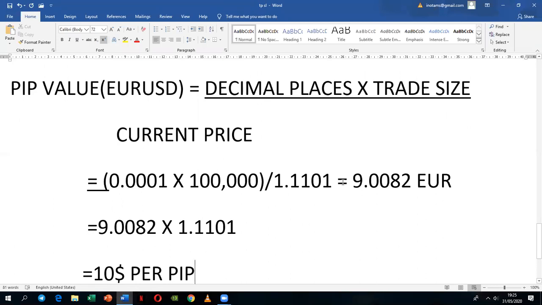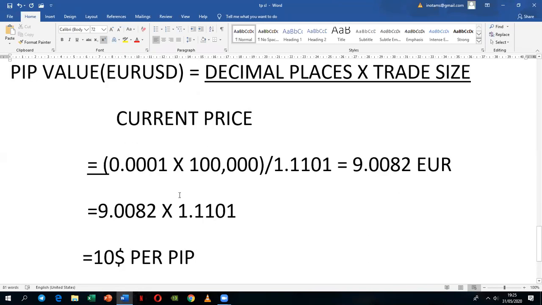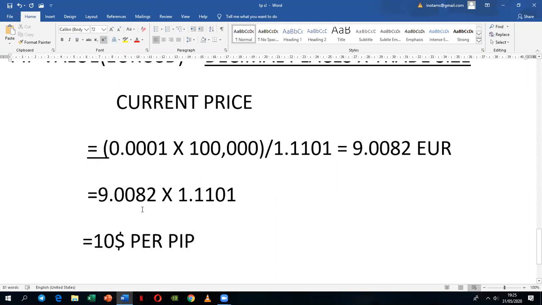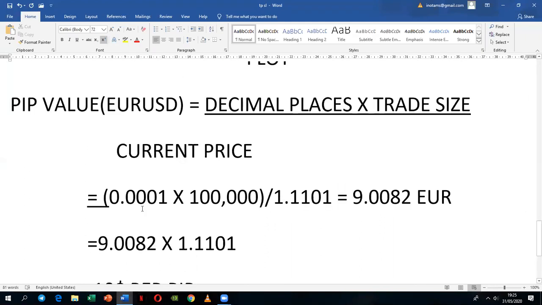So in case you remain with euros, it would be this euro. So this is how you calculate the pip value. By standard, it's $10 for Euro USD.